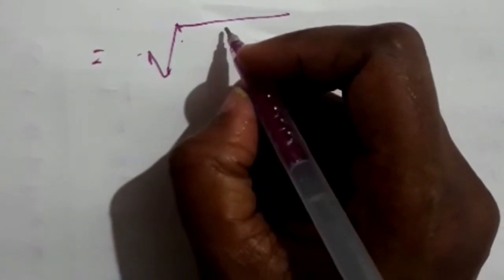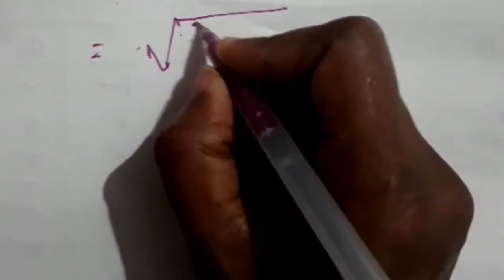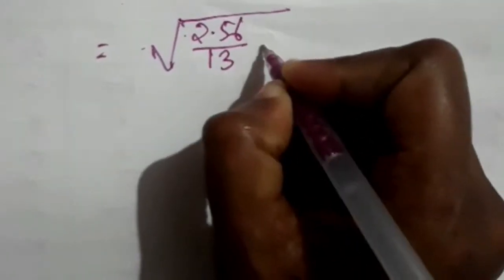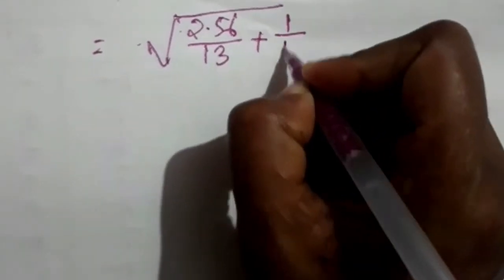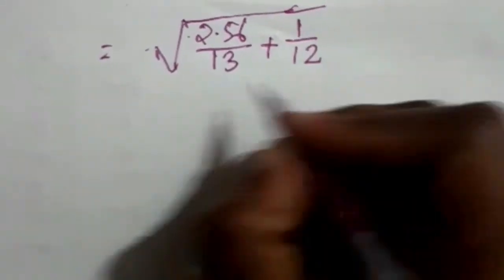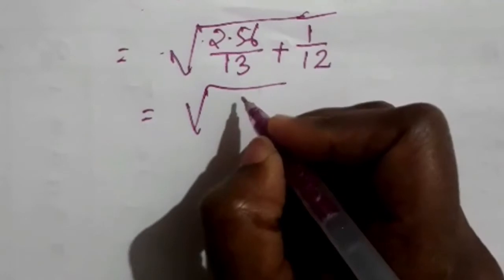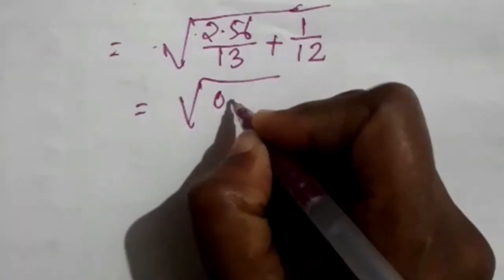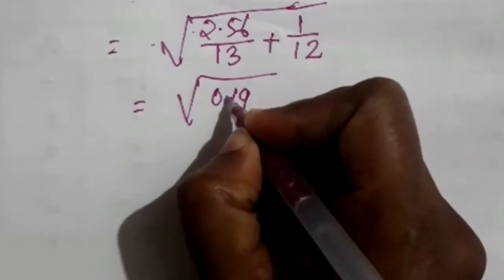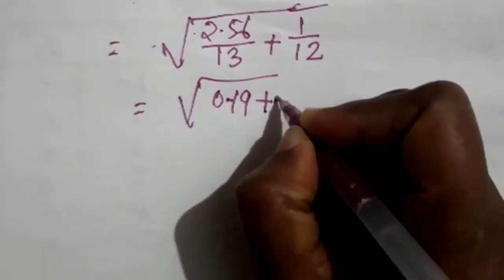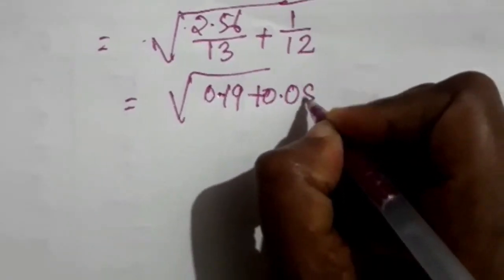So the square root of 1.6 the whole square, which is 2.56, divided by 13, plus 1 divided by 12, is equal to root of 2.56 divided by 13, which is 0.19, plus 1 divided by 12, which is 0.08.